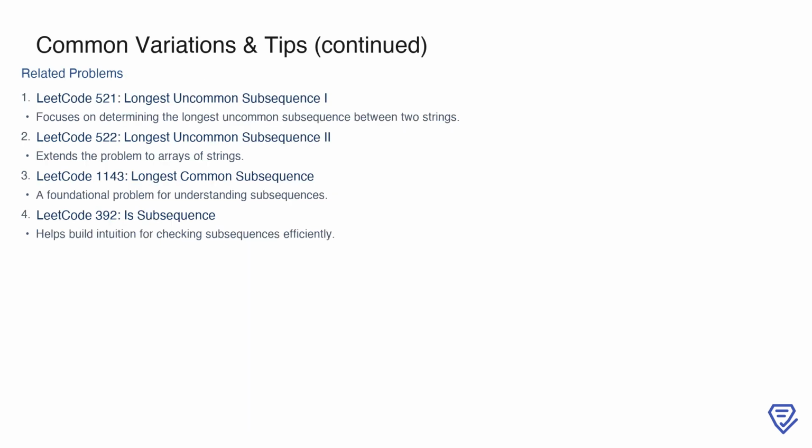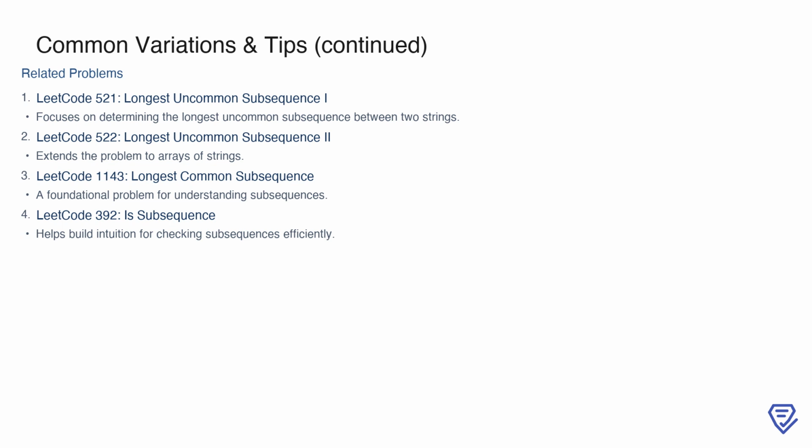To deepen your understanding, it's helpful to explore related problems. Longest Uncommon Subsequence I, or LeetCode 521, centers on finding the longest uncommon subsequence between two strings. A natural extension is LeetCode 522, which expands this concept to arrays of strings, adding complexity.